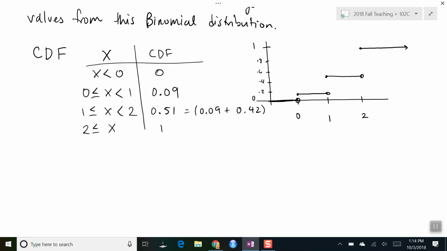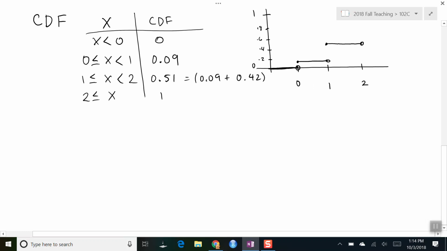So this is what my CDF looks like. All right, so far so good for the CDF. It's just the cumulative sum.